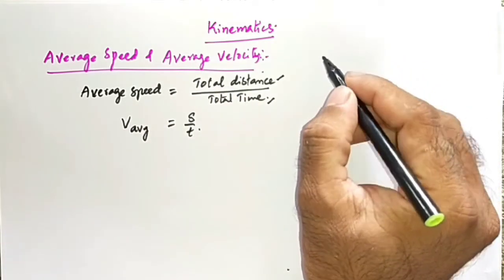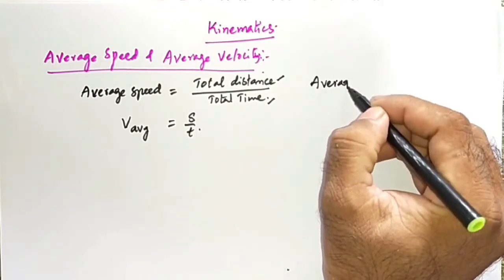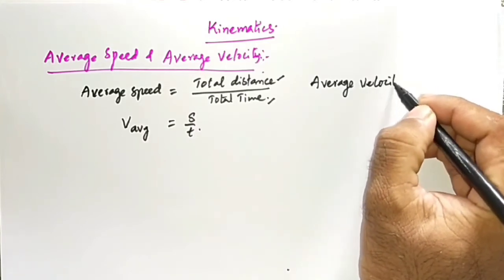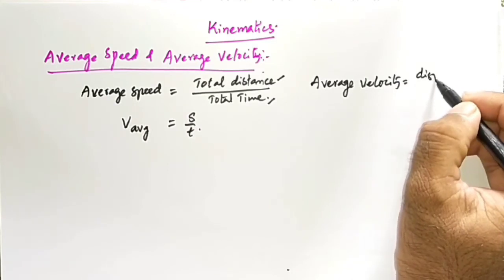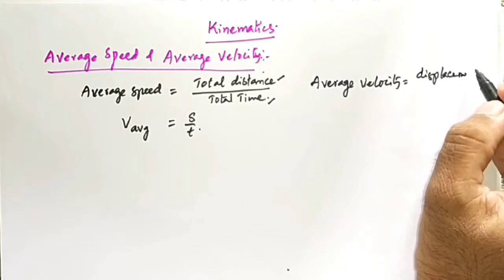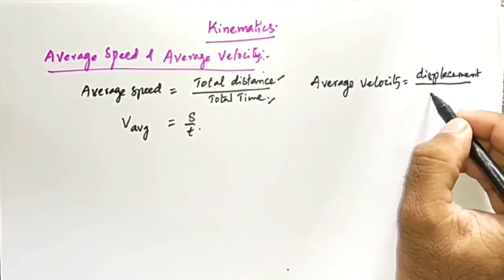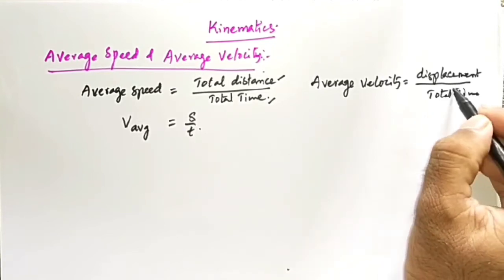Okay, similarly average velocity. Average velocity is nothing but total displacement by total time. So this is called average velocity.